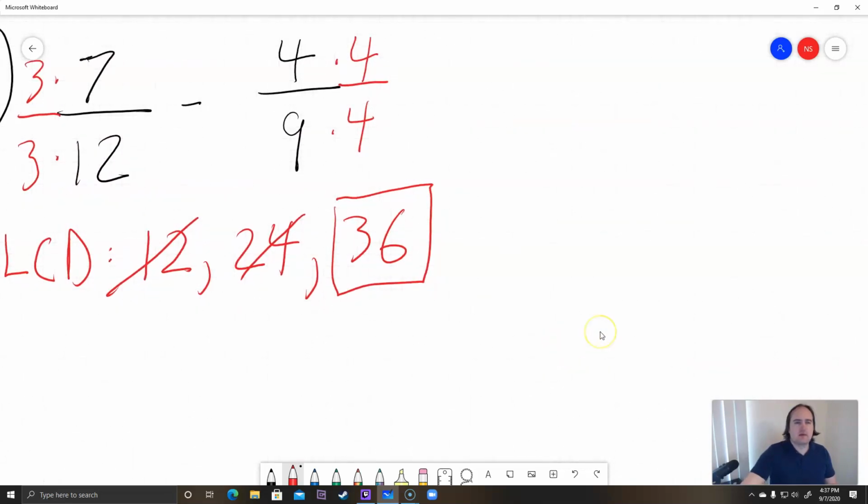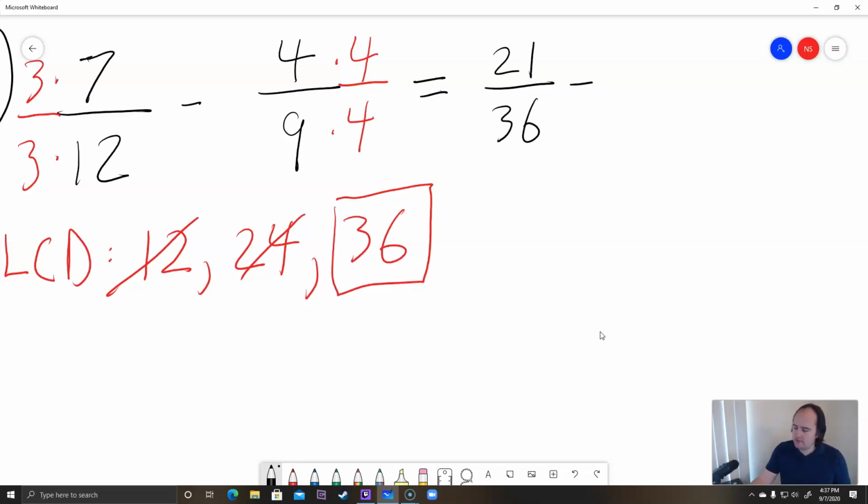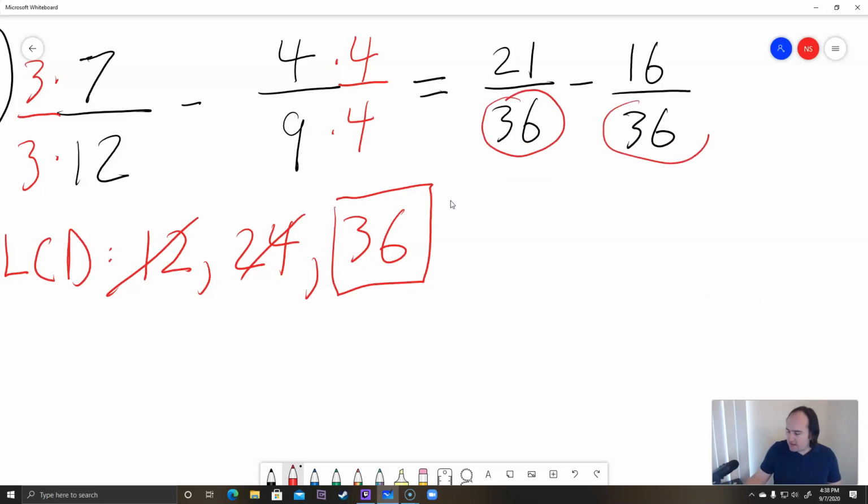Okay? And then multiplying straight across, what do we get? 3 times 7 is 21 over 36, minus 4 times 4 is 16 over 36. So we have 21 over 36 minus 16 over 36. Okay? And then now these are like fractions. So they have exactly the same denominator. So we keep the denominator and subtract on the top.